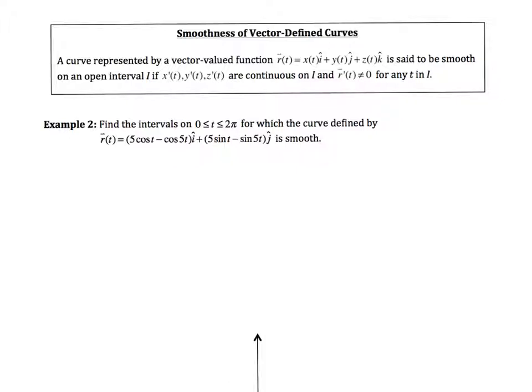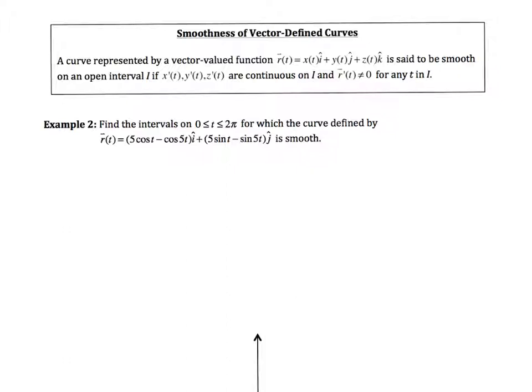So that's the same idea for curves defined by vector-valued functions. If a curve is not smooth at a particular point, so if it's pointy at a particular point, the vector will not be defined there. In other words, just like how at a sharp peak on a graph you don't have a derivative, at a sharp peak for a plane curve, you don't have a vector.